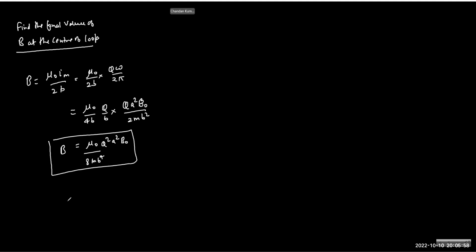So they may ask you what is the ratio of final B and the initial B. That's a very interesting question. So once you switch off, you have some other way to get the B at the center.